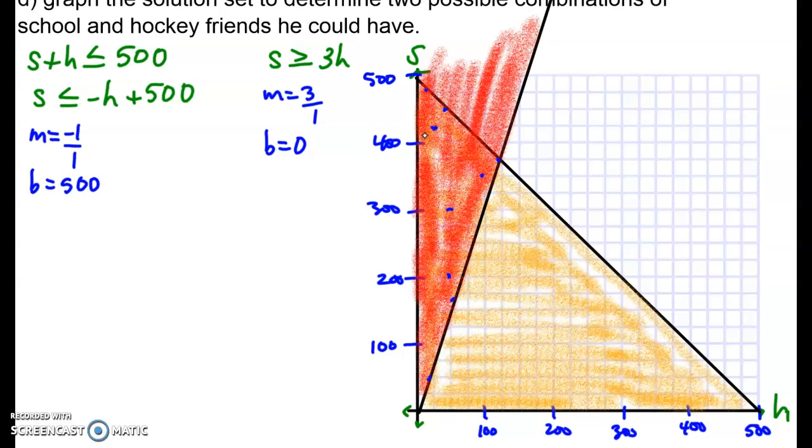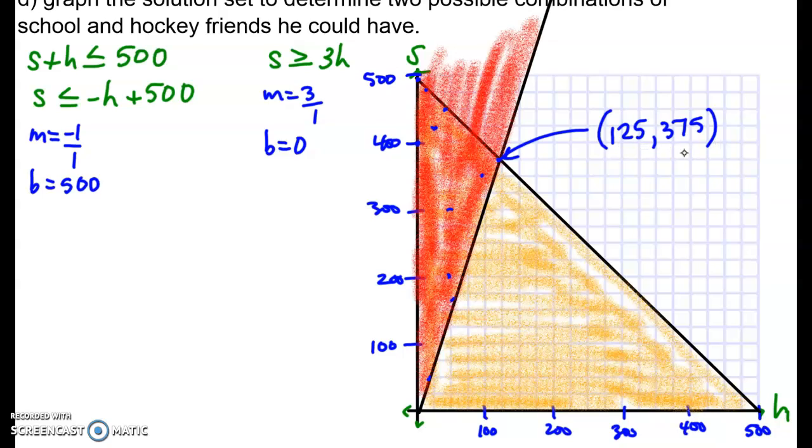Okay, we could even do right here on the boundary line of 0. Now, if we wanted to provide 2, let's go with this one here. This ordered pair is 125 on the x-axis and 375 on the y-axis. Let's check to make sure we're right.